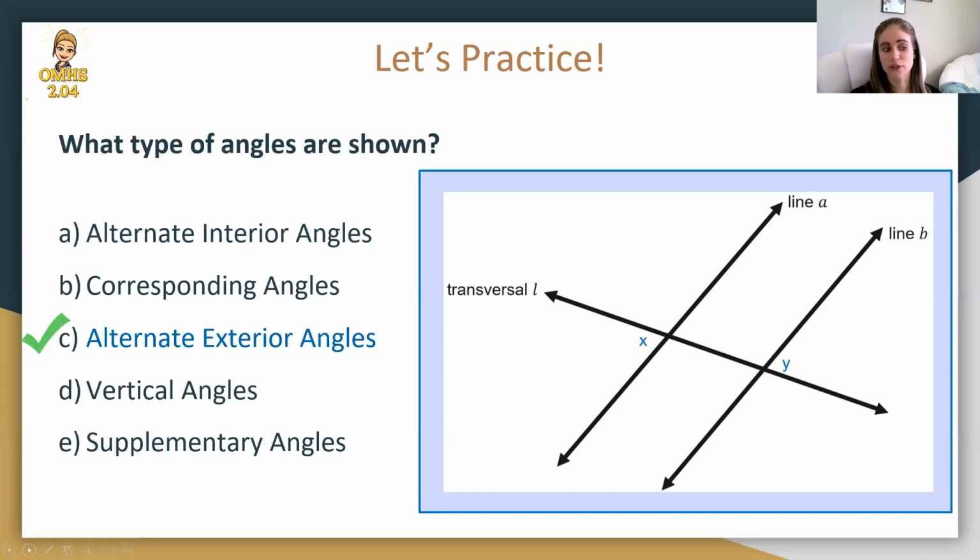This is an example of alternate exterior angles. Your X and your Y are both on the exterior. They're on the outside of your two lines, line A and line B. And they're alternate. They're on opposite sides of your transversal. X is down here, Y is up top.